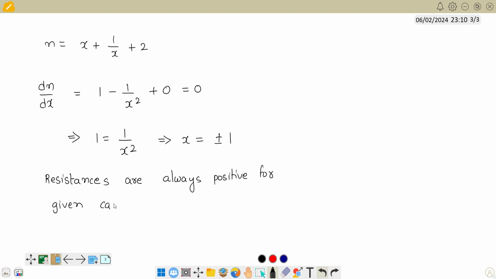Usually in current electricity, we assume the resistances are always positive. So the ratio of those resistances, because X represents R1 by R2, should always be positive. So we can write R1 by R2 equals 1, which implies R1 would be equal to R2.